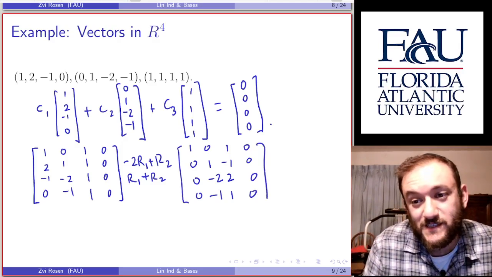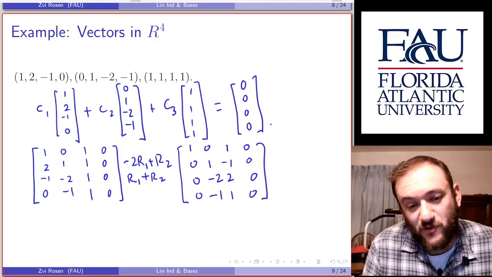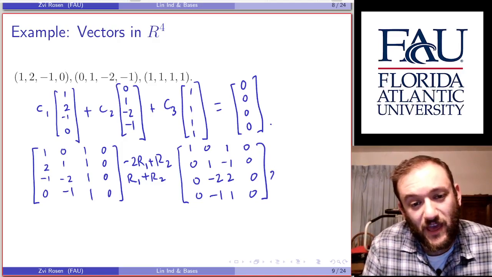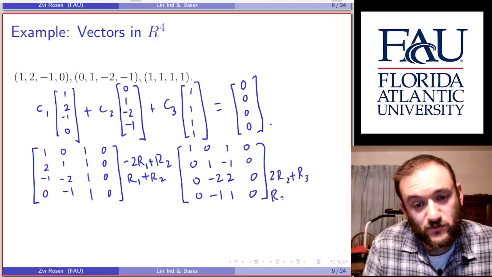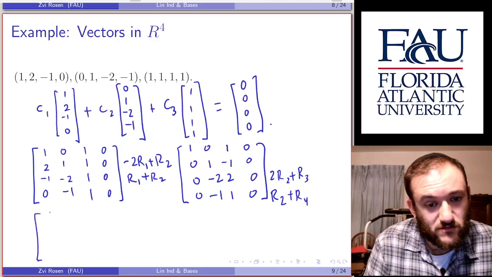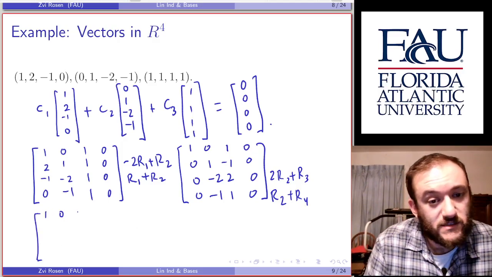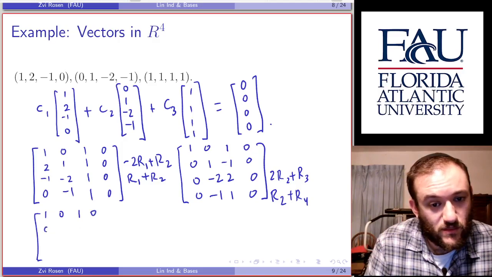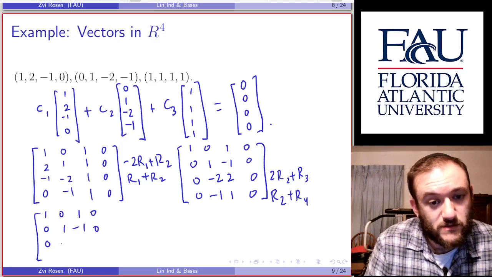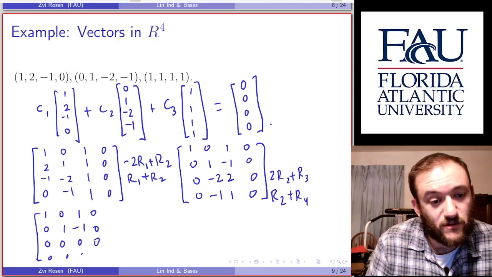Okay, you might already sense where this is heading. But if we take this second row and we add 2 times the second row to the third, and just 1 copy to the fourth row, what we get is 1, 0, 1, 0; 0, 1, -1, 0; and then rows of all zeros.